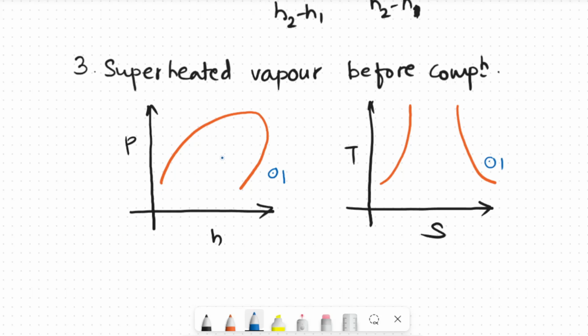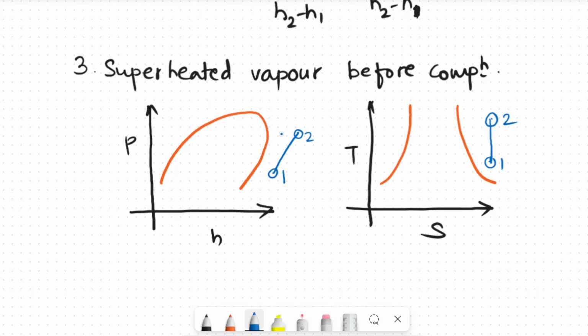When the process of compression takes place, it will be a vertical line. So this is 1 to 2 and this is 1 to 2.